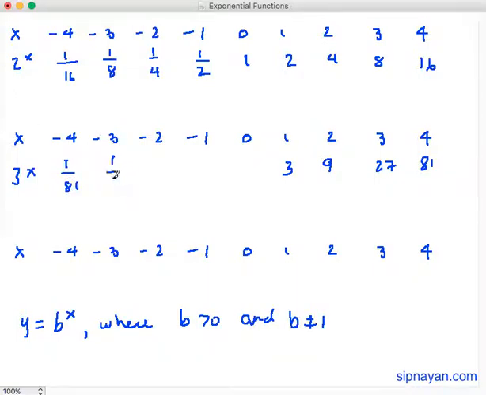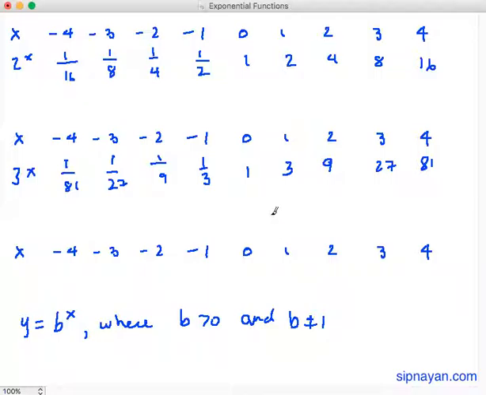Ito ay 1 over 27. Ito ay 1 over 9. At ito ay 1/3. Remember, kaya tayo nagre-reciprocal kasi pag meron tayong negative exponent, kinukuha natin yung reciprocal. And then dito, ang value ng x natin is 0. 3 to the 0 is 1.